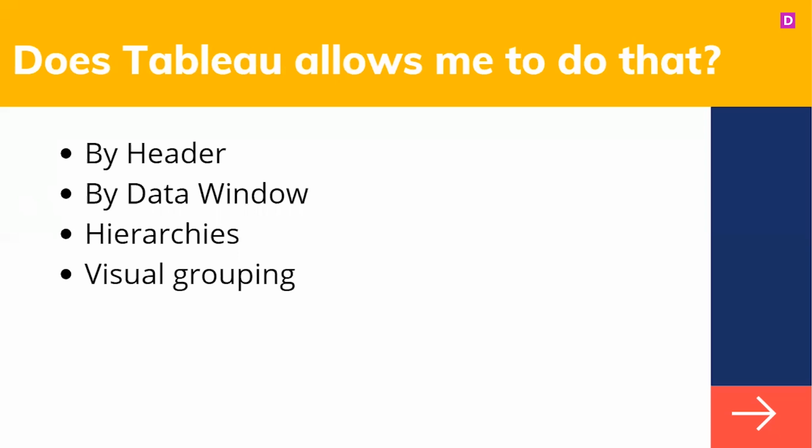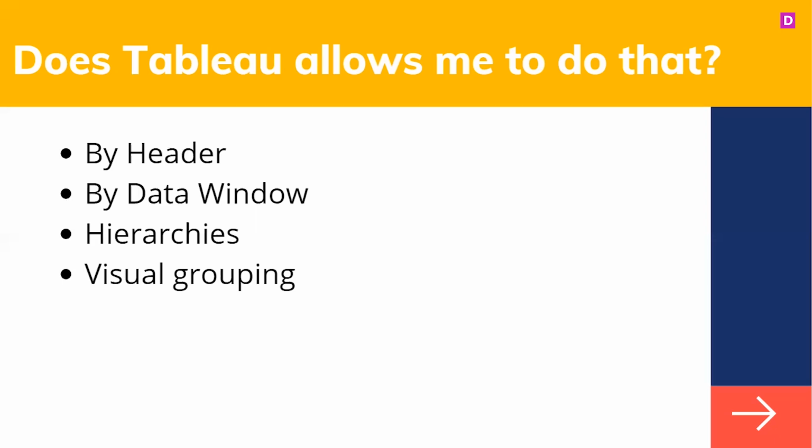There are multiple ways of performing grouping in Tableau. You can perform the grouping by a header, which is the easiest method, or you can perform the grouping by the data window, or you can even create a hierarchy, and from the visualization itself you can perform a grouping.